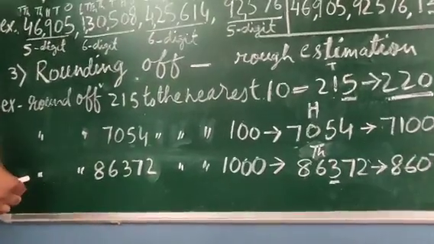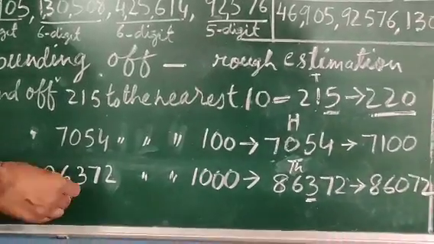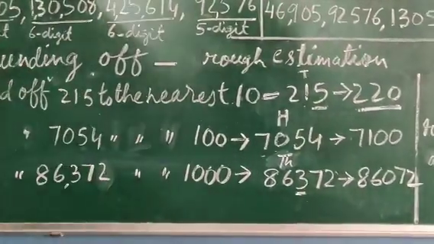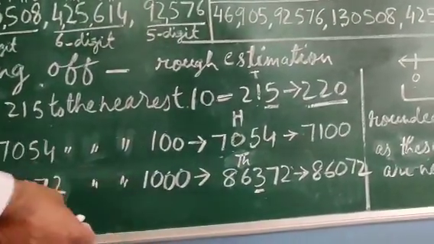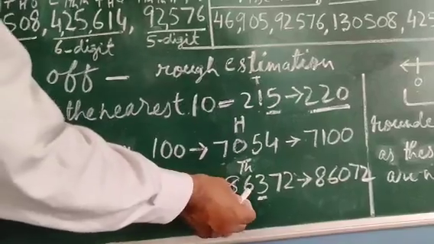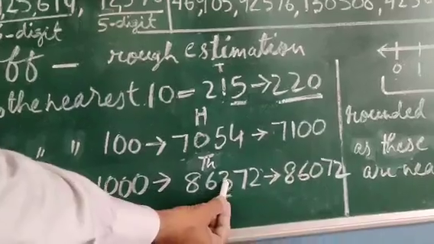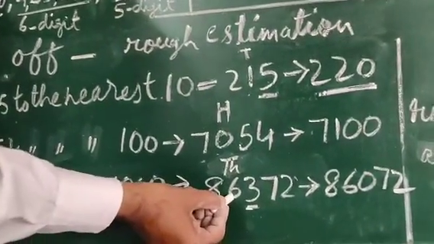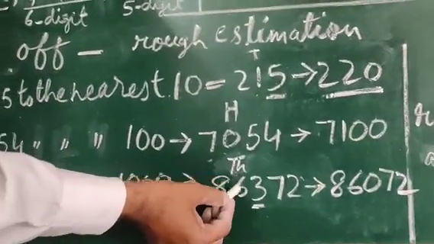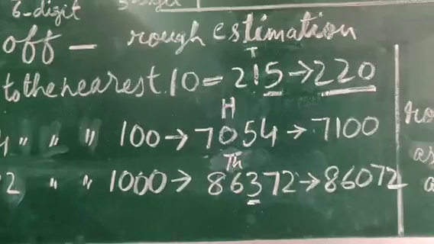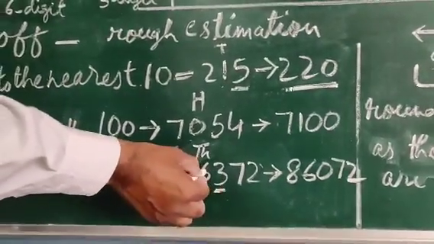The third example is round off 86,372 to the nearest 1000. To round off 86,372, we will find the digit in the thousands place. Let us see. Ones, tens, 100, 1000. It is 6. And after we have found the digit in the thousands place, we will observe the digit just to the right of the digit 6.